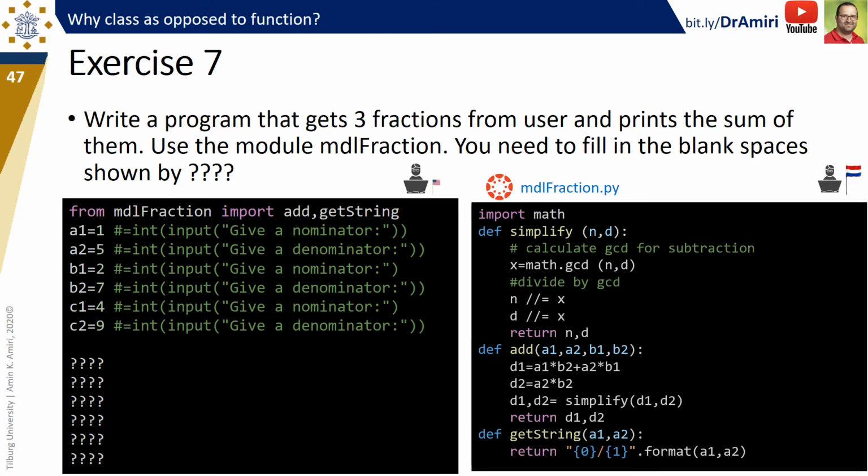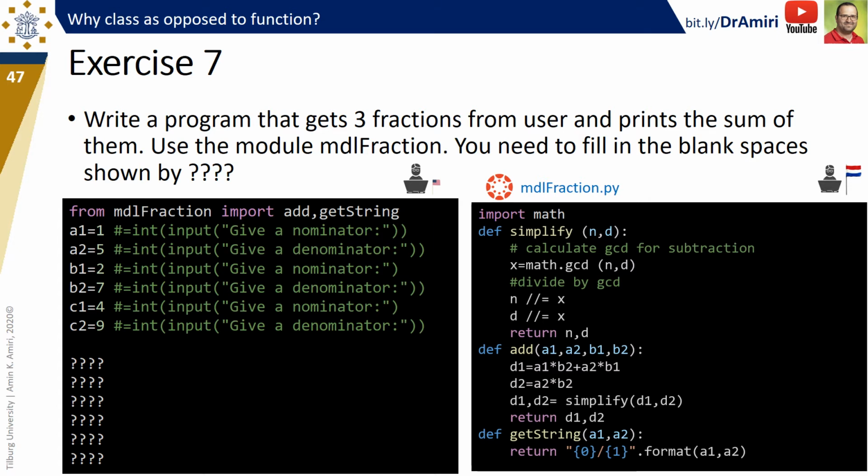The next function is add, where you are given two fractions, a and b. A1 stands for the numerator of a, and a2 stands for the denominator of the fraction a. So two fractions are given, four arguments in reality are given.